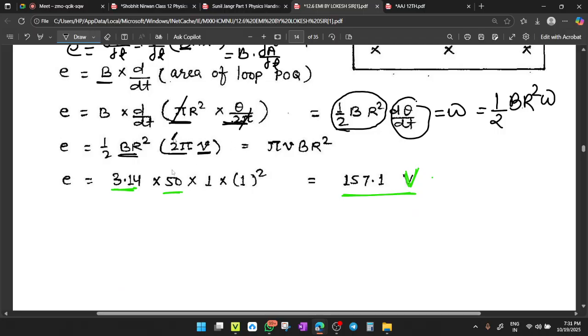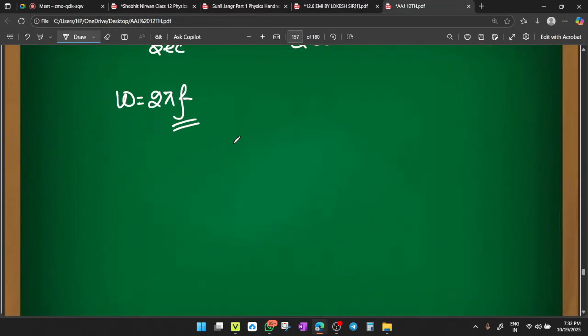This came from the formula: omega, the angular velocity, is equal to angular displacement upon total time taken.